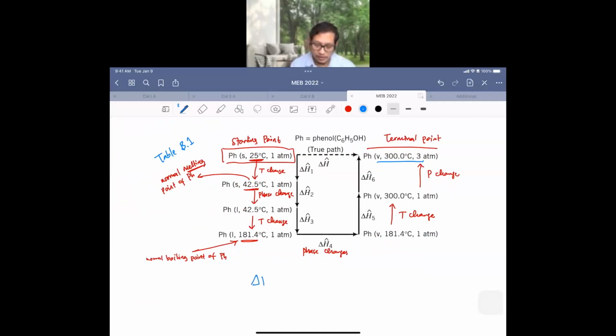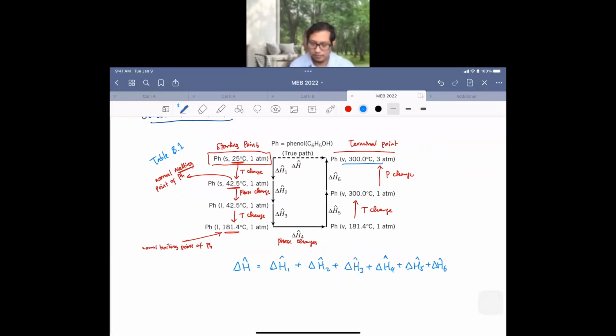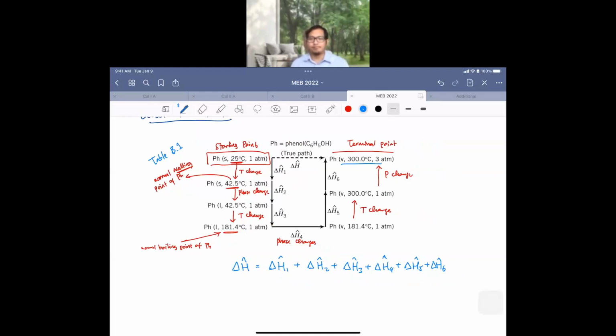So delta H we can simply construct as delta H1 plus delta H2 plus delta H3 plus delta H4, H5, and H6. Now each delta H we need to evaluate.